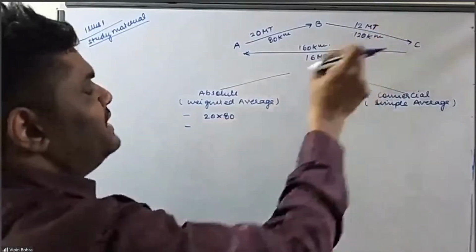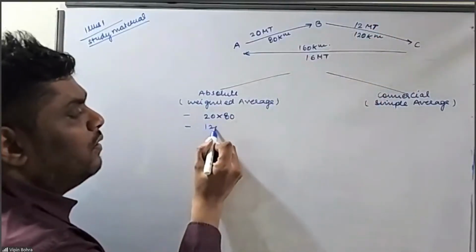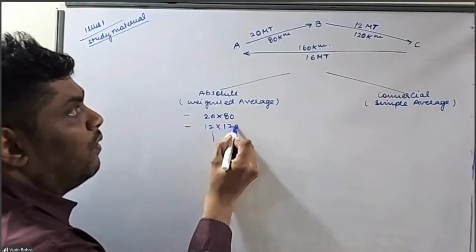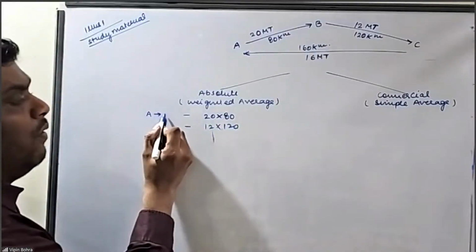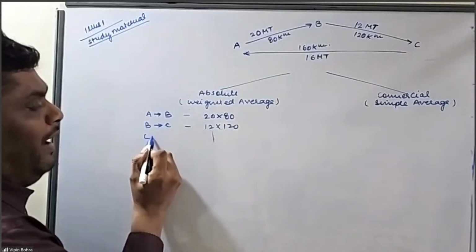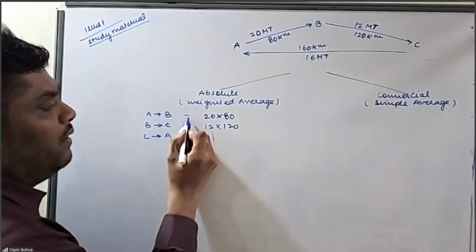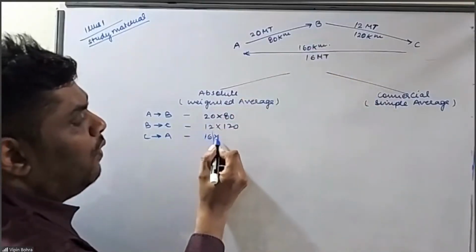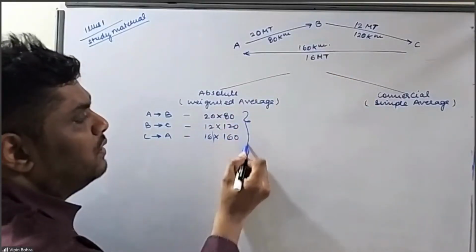Then 12 metric tons for 120 kilometers. And from C to A, it is 16 metric tons for 160 kilometers.